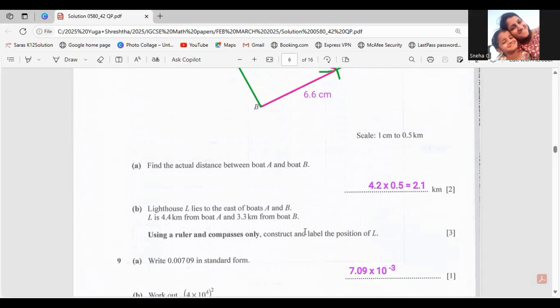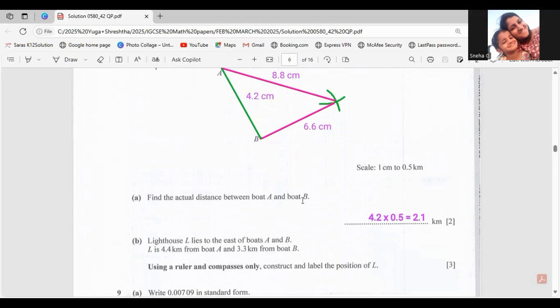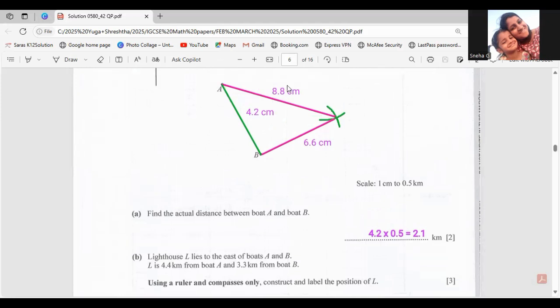To work that out, firstly, we need to work out the distance in centimeters. It is given that from point A, it is 4.4 kilometers. So 4.4 kilometers converted to centimeters would be 8.8 centimeters. We will divide with this given scale factor and we land upon the answer 8.8 centimeter. So from point A, I will make an arc here indicating 8.8 centimeters distance.